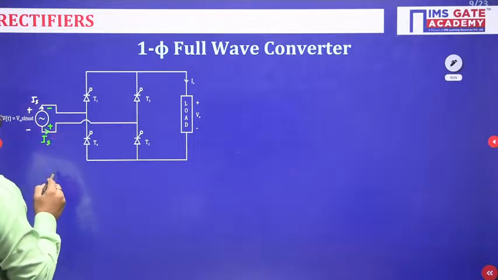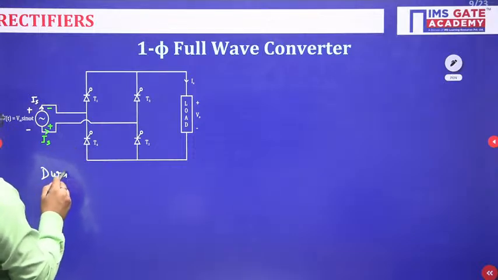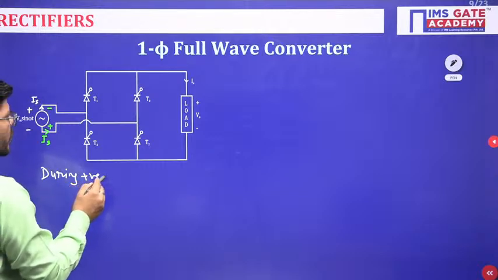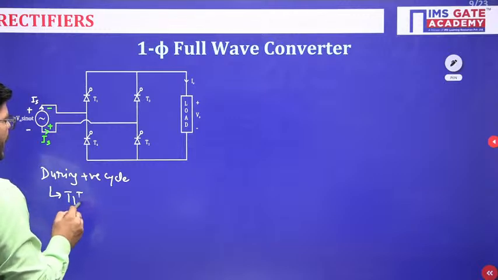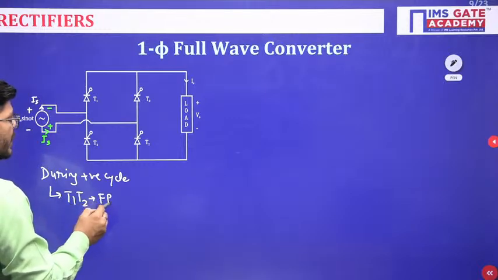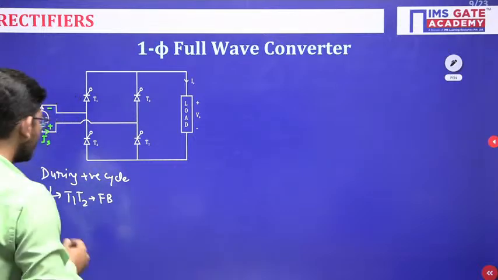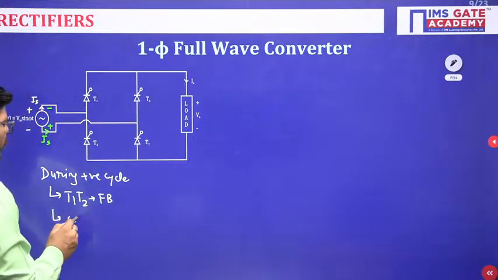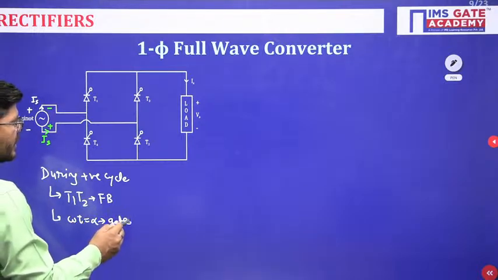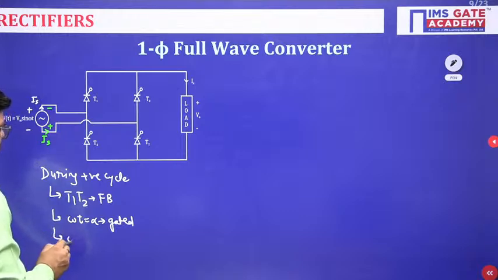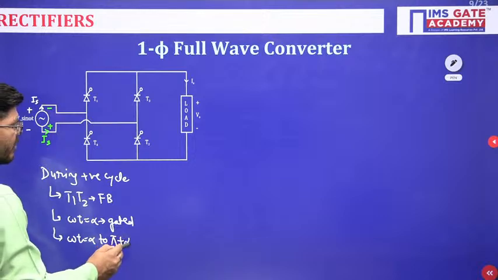Okay, so during the positive cycle, we have T1 and T2, they are forward biased, and when you give them the gate pulse, they will start conducting. Okay, so at omega t equals alpha, they are gated, and they conduct from omega t equals alpha to pi plus alpha.